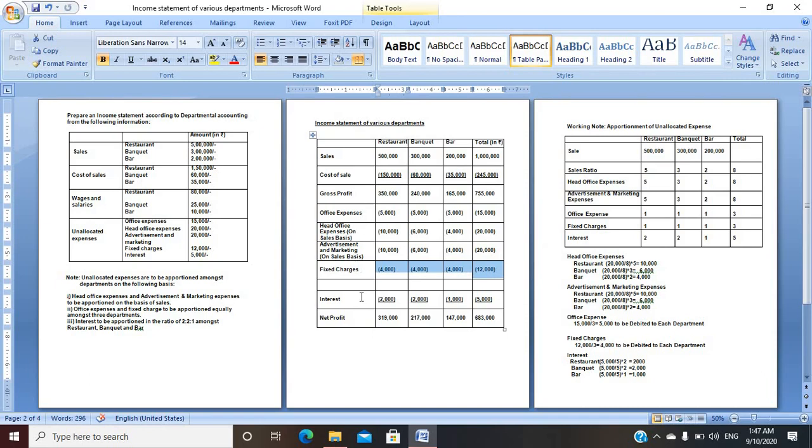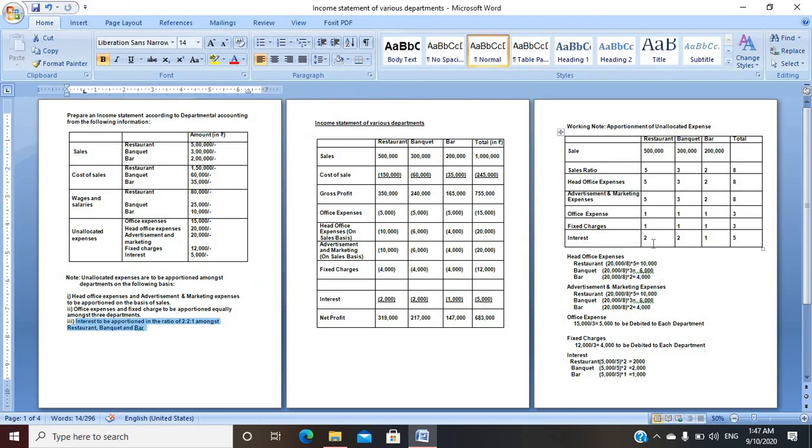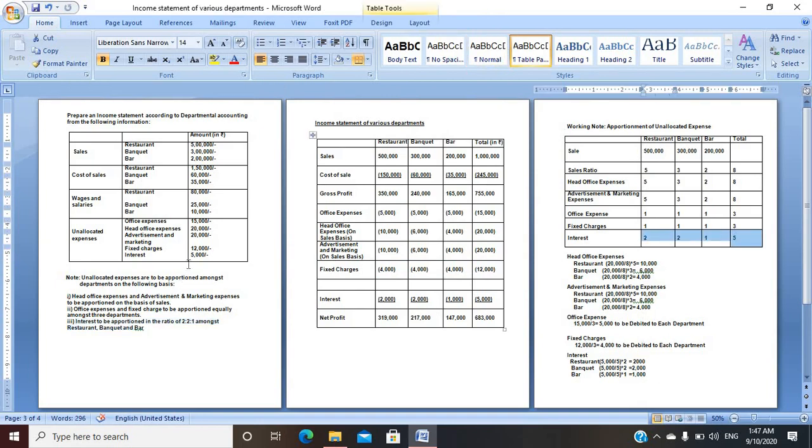So after the expenses, now we have to deduct the interest also. So interest is calculated here. The third instruction is interest to be apportioned 2 is to 2 is to 1 among the restaurant and bar. So 2 is to 2 is to 1 is mentioned here, right? Total will be 5. So the interest amount is 5,000 here. 5,000 divided by 5, that is the total, into 2, the first portion will be 2,000.